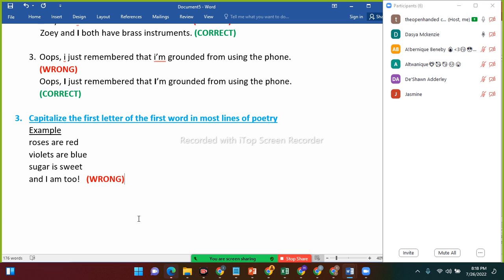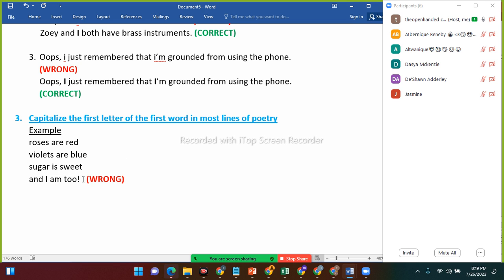You didn't capitalize the first letter of the first word in each line. So this line was supposed to be capitalized, the R, in this line the V, in this line the S, and this line the A.